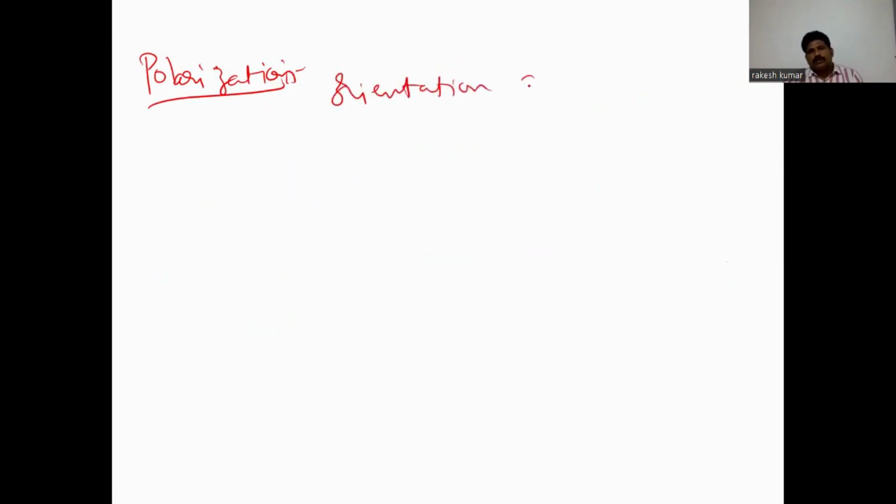So let us discuss polarization. What is the definition of polarization? Polarization is the orientation of an electric field.